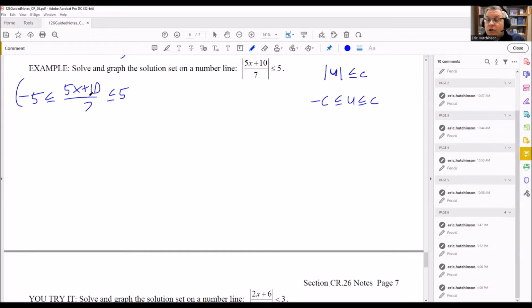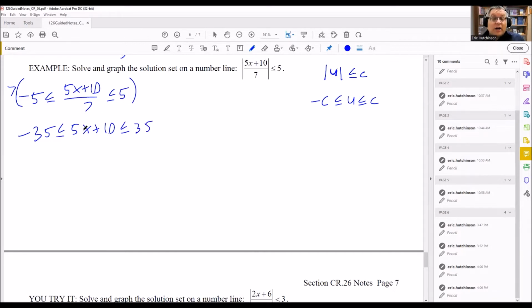Now what you have to remember is you need to multiply both sides by 7. So 7 times negative 5 is negative 35. We already mentioned that if you multiply this middle one by 7, those two are going to cancel. So you get 5x plus 10 less than or equal to 35. So you multiply on the end as well.